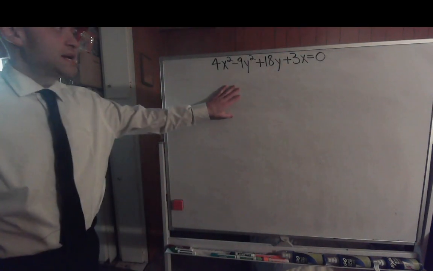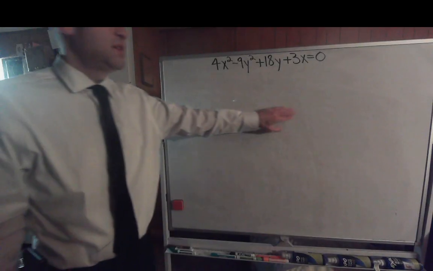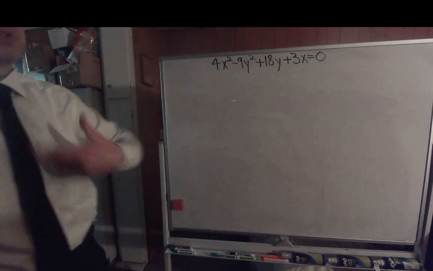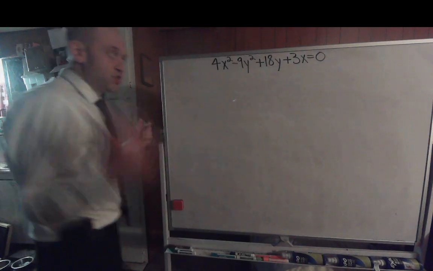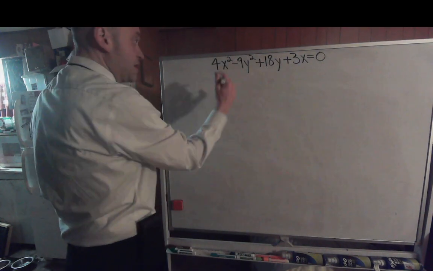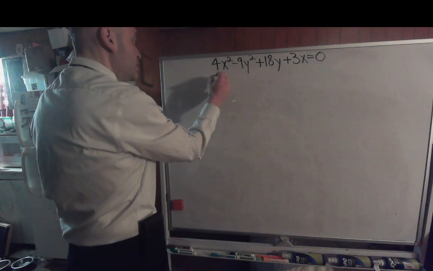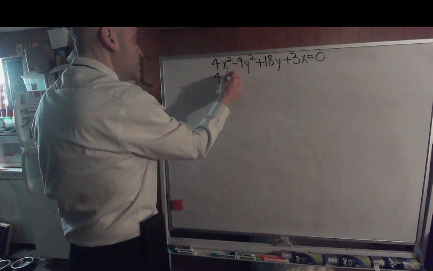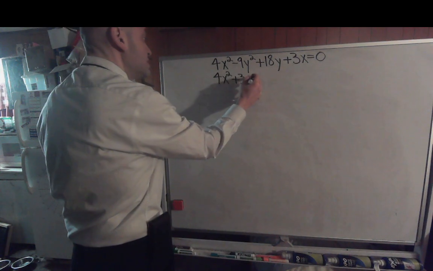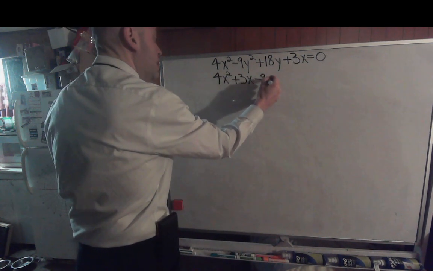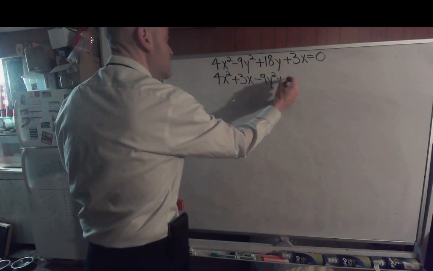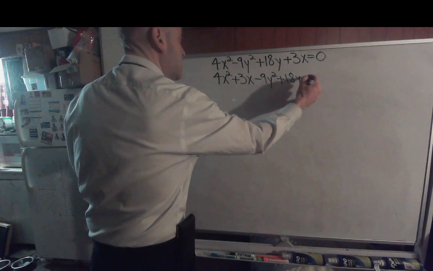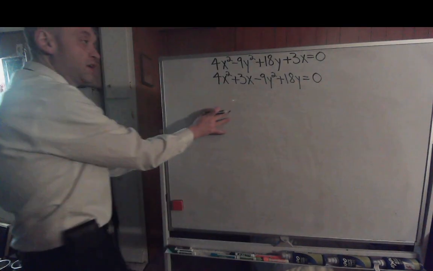We'll still go ahead, get your equation, get your variables together. So you'll have 4x squared plus 3x minus 9y squared plus 18y is equal to 0. So you got your variables together.